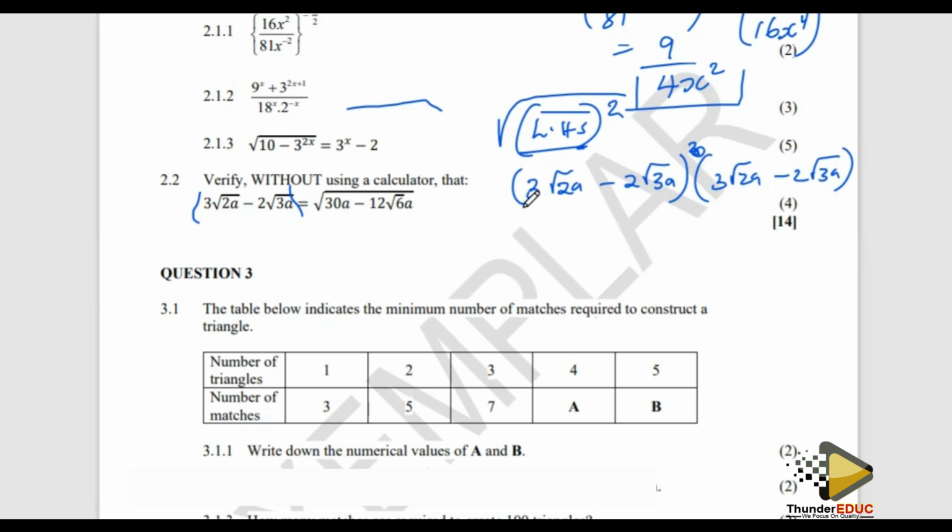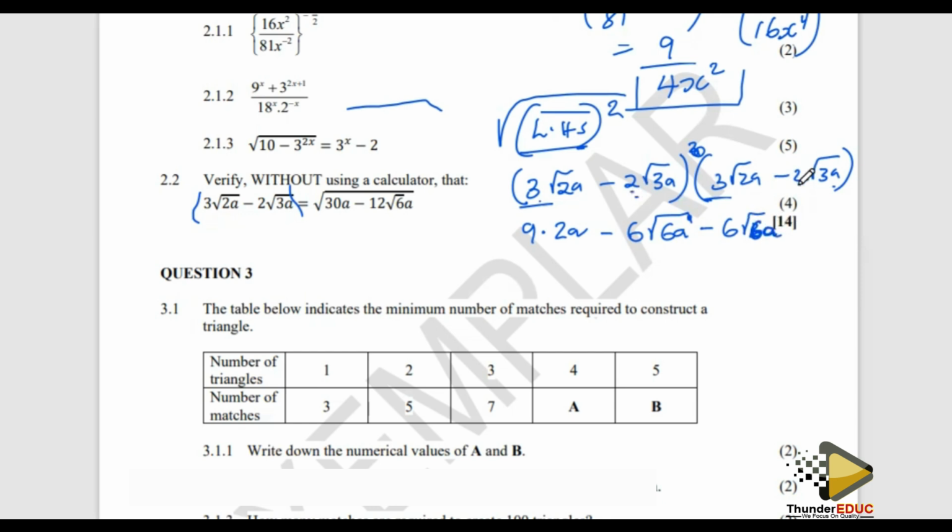So when I open this 3 and that, I get 9 times the 2a. And I multiply this and that, I'm going to get negative 6 root 6a. Then this and that, I'm going to get a 6 root 6a.